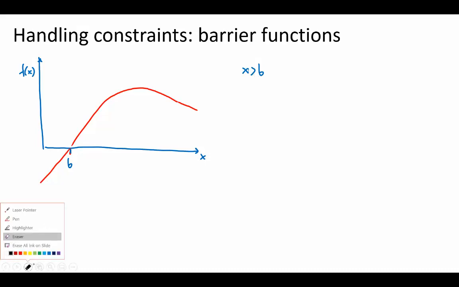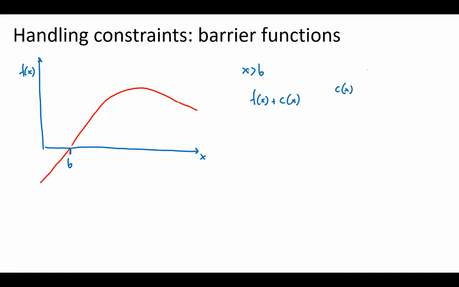One way to do it is to add something to my original function: f(x) plus a function called c, and this c function as a function of x should give you, if x is less than or equal to b, a very high value, but if x is greater than b, almost zero, or something very close to zero.